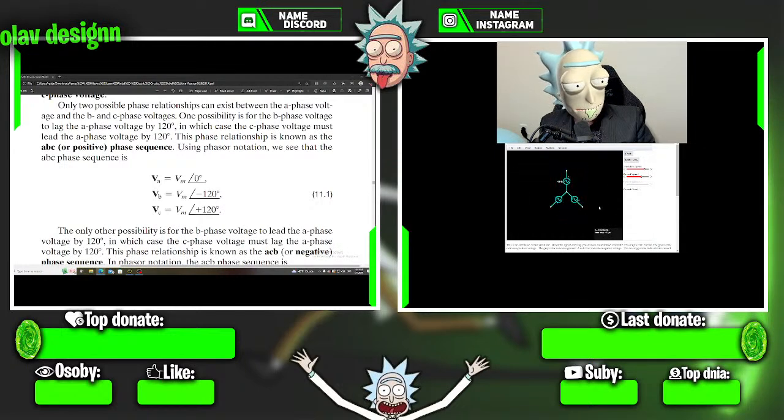That's why this is a positive phase sequence. And I don't know why it randomly stops, but it decides to randomly stop after a while. I think it's because it's not connected to anything. So let's try to actually connect it to an imaginary load.